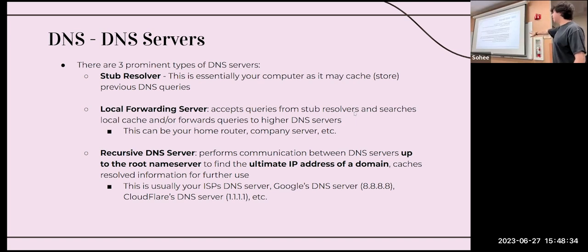You'll see a slide on the next one about what that is. Usually these recursive DNS servers are your internet service provider, your ISP, like Frontier, Spectrum, whatever. There are also other DNS servers like Google DNS, which is 8.8.8.8, or Cloudflare, which is 1.1.1.1. If you prefer your privacy, use Cloudflare, or just give all your data to Google, whatever.